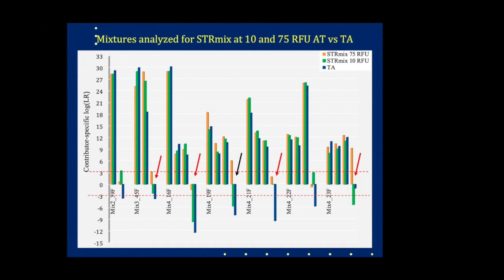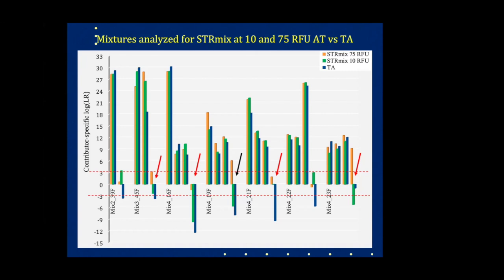And then I just want to draw your attention to the far right, mix 423F. That one I pointed out earlier, where the value for that contributor was 1 billion times more likely. Now, analyzing that data at a 10 RFU analytical threshold, it's 1,000,000 times less likely.